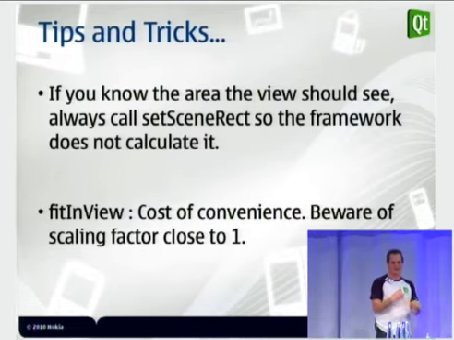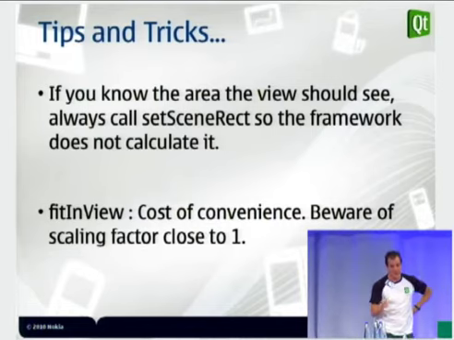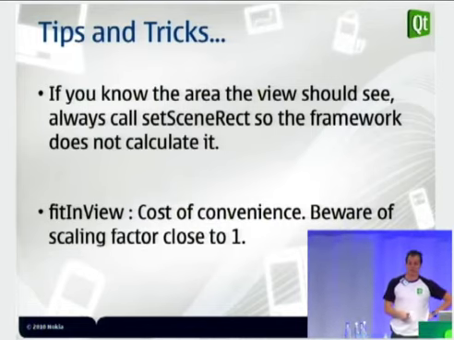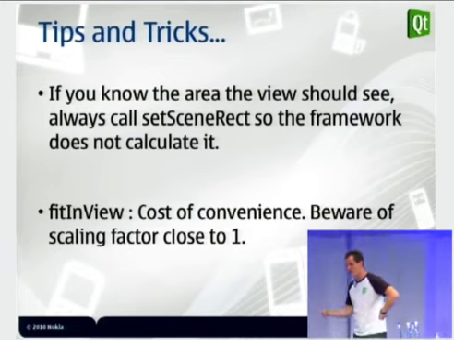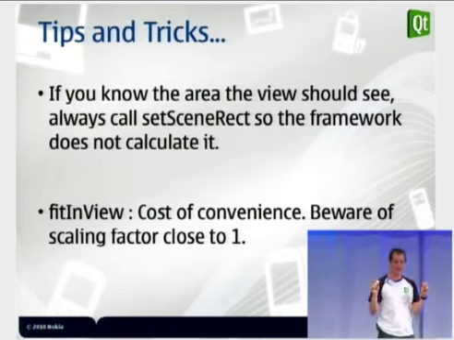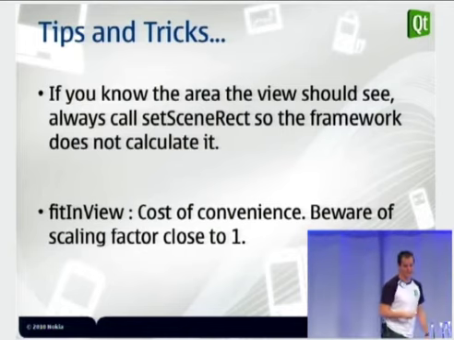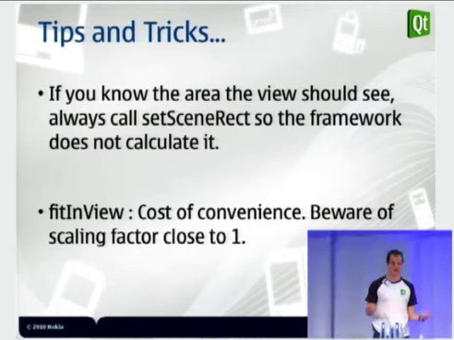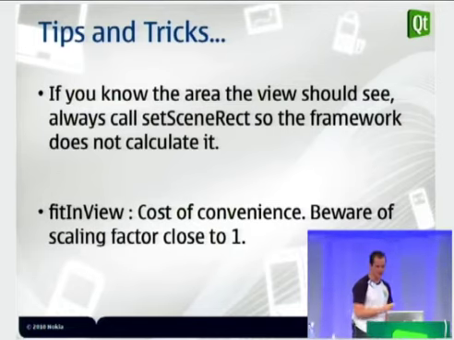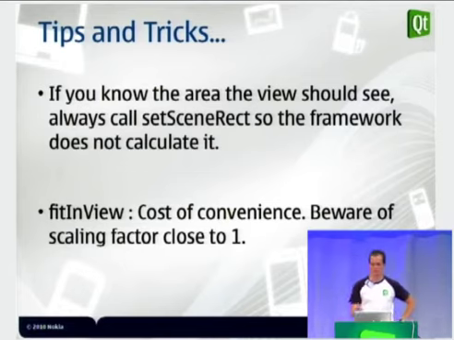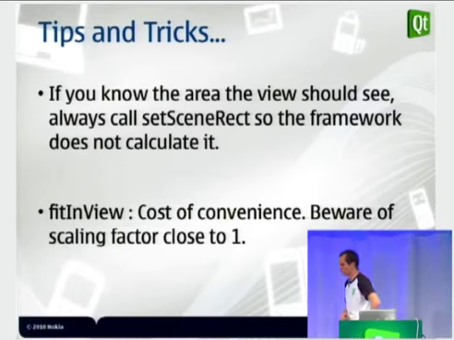With 0.91, it looks the same. But every time we render, there is a scaling transformation applied on every item, right? So the cost of convenience is basically that you slow down everything for sometimes nothing. So be careful of this fit in view feature. Sometimes you better do it yourself, scaling the items you really need to see and so on.